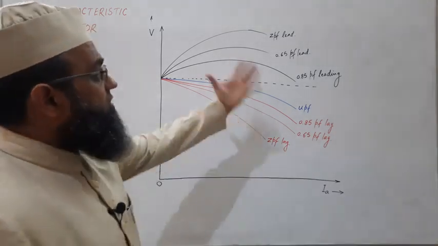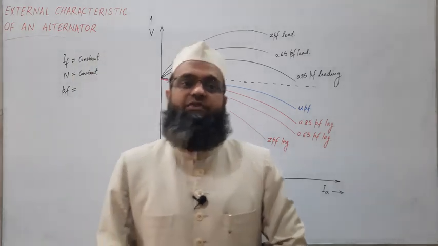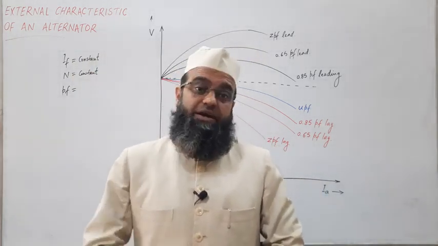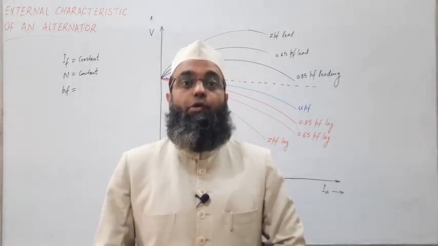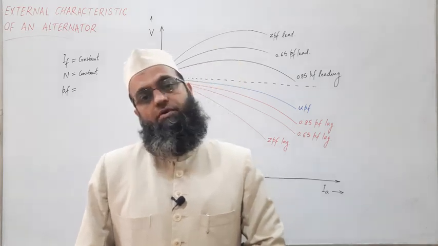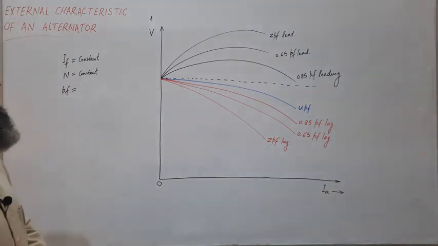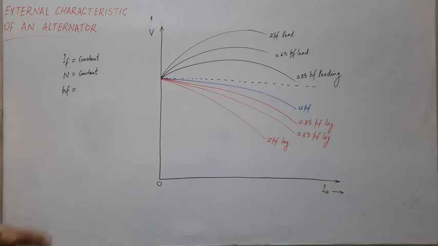Hence, generally for leading power factor loads, voltage regulation is coming out to be negative. Negative means terminal voltage is higher than its no load value. At full load, the terminal voltage is higher than its no load value. So this is the nature shown by an alternator with these conditions.